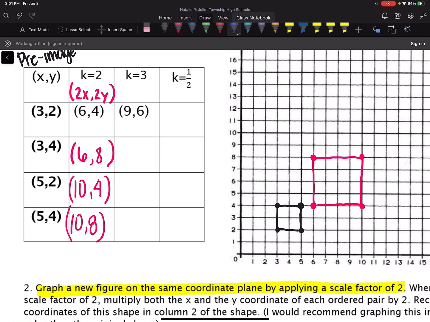Question number 3 asks us to complete a dilation with a scale factor of 3. Using our same rule as before, we're going to multiply that k value by the x and y coordinates of our pre-image. So we're always starting with our pre-image and moving to that dilation with a scale factor of 3.